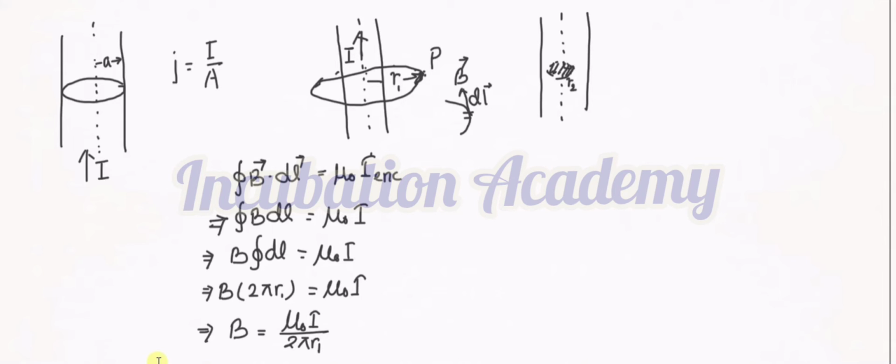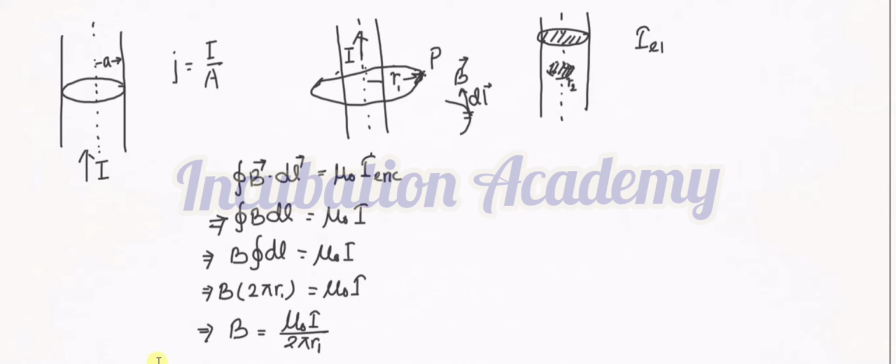This Amperian loop of radius r2 is less than the cross-section area capital A. Obviously then the current which passes through this Amperian loop is not exactly equal to the capital I. Then I enclosed will be there.